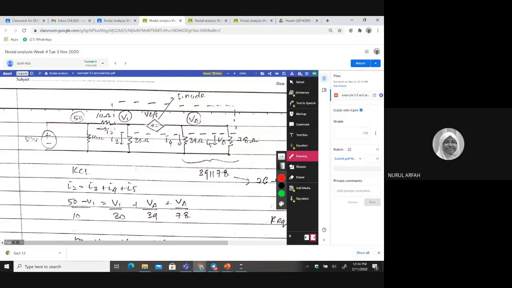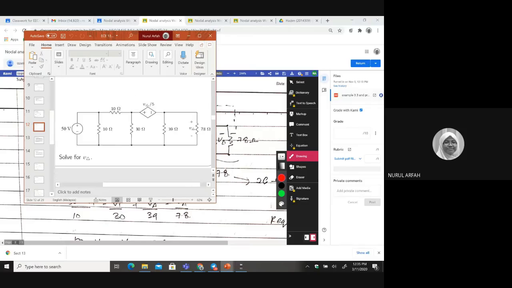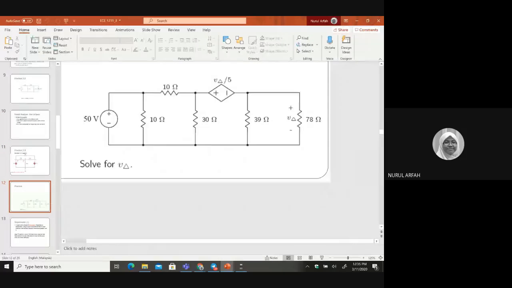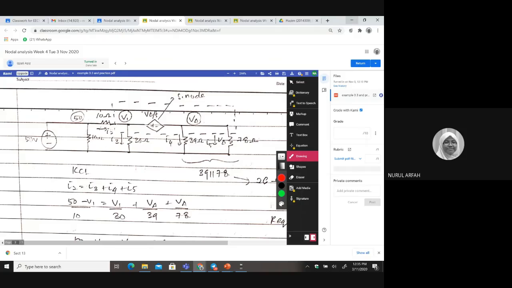Okay. Let's say this is your question. Obviously, there's no reference point, but you solve it using nodal analysis. So what should you do? First, like I said, we need to determine the essential node. So where is your essential node? The essential node is the one with the most branches, right? So you choose that as your reference point.